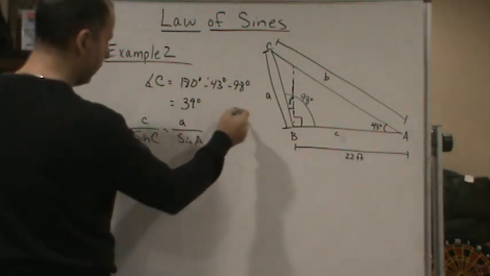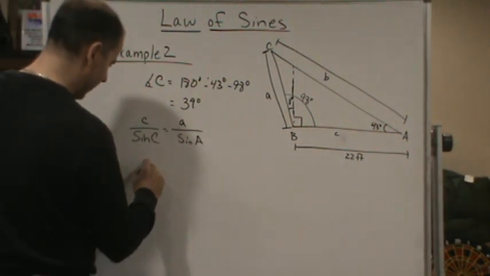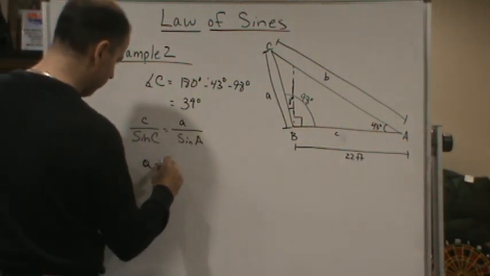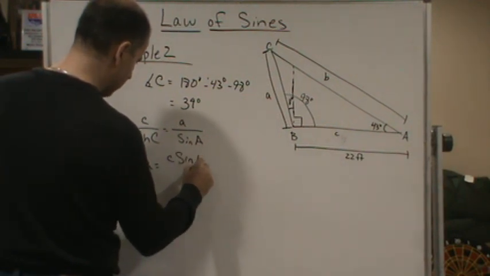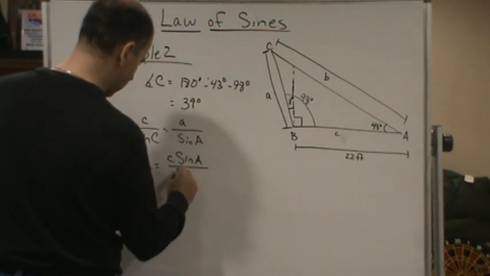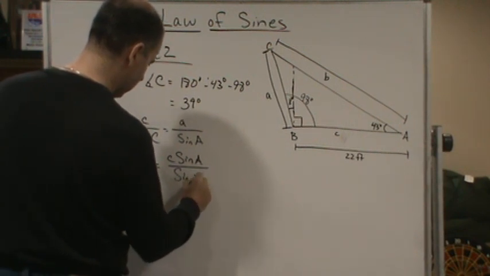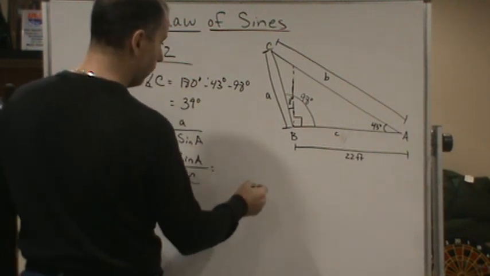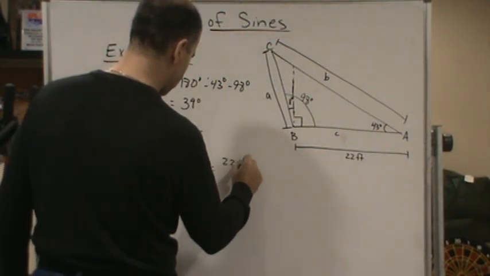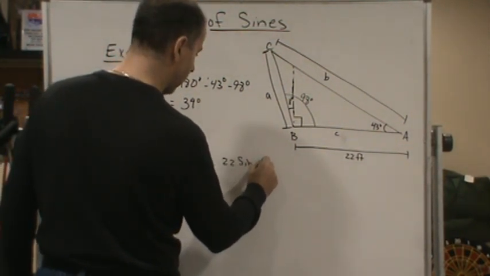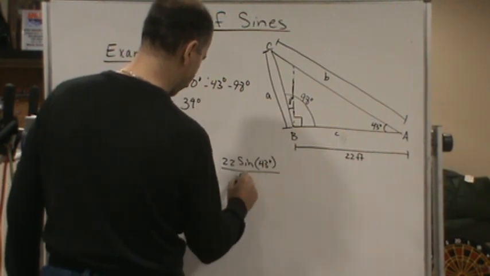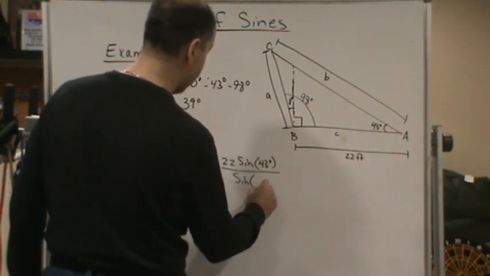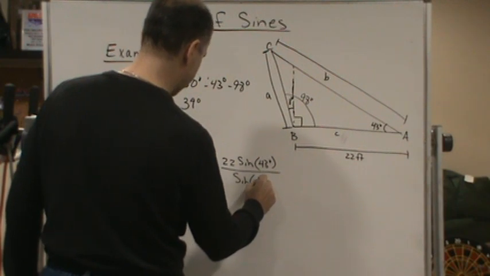So we're going to solve for A. So A equals C times sine A over sine C. So C is 22. So it's going to be 22 times the sine of 43 degrees over the sine of 39 degrees.